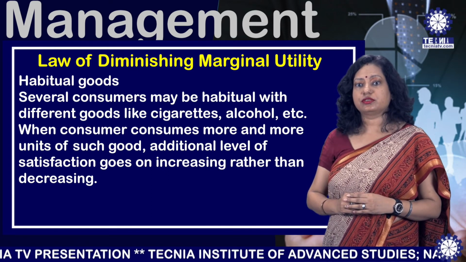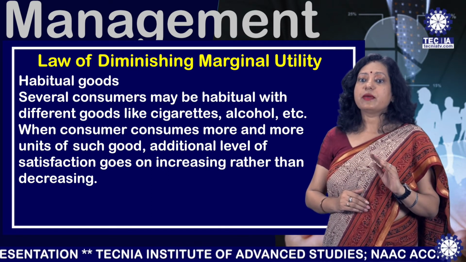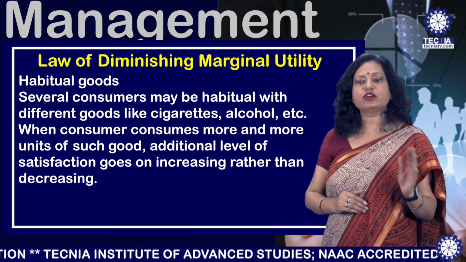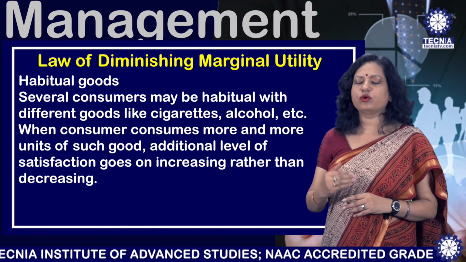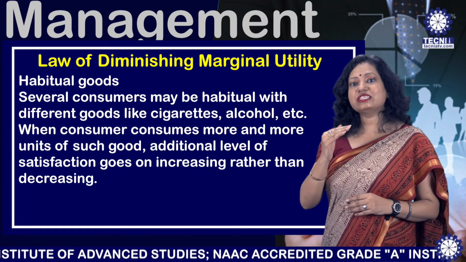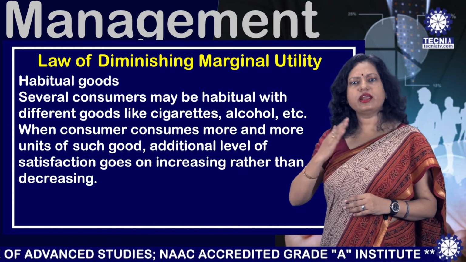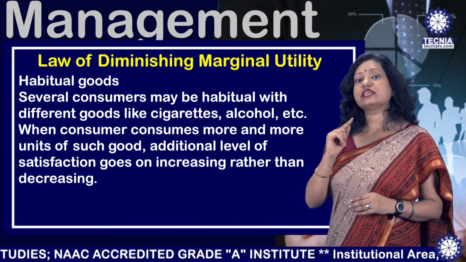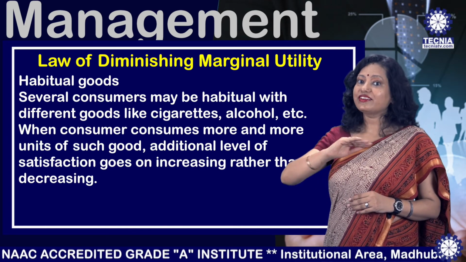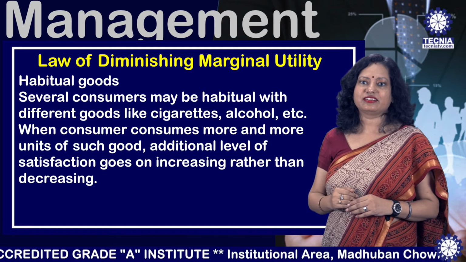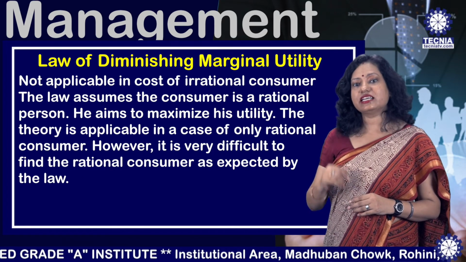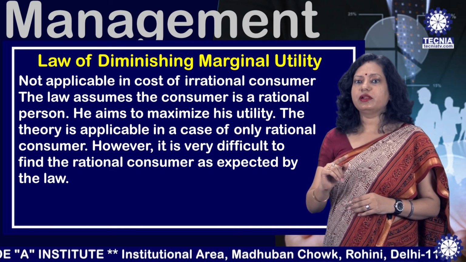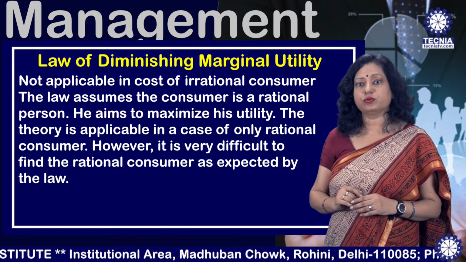Habitual goods. Several consumers may be habituated to goods like cigarettes, alcohol, etc. When the consumer consumes more and more units of such goods, the additional level of satisfaction goes on increasing rather than decreasing. The next assumption is that consumers are rational.